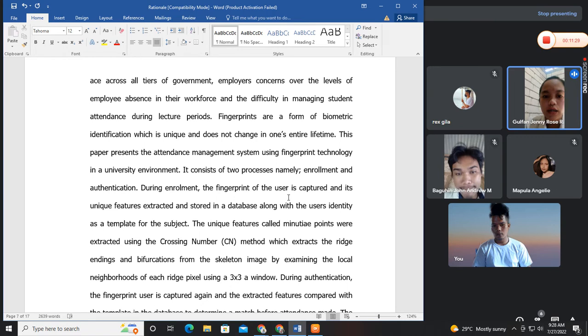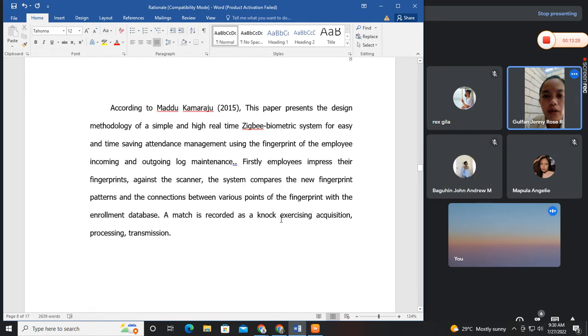According to Mado Kamarahut in 2005, this paper presents the design methodology of a high-level real-time Zigbee biometric system for time-saving attendance management using the fingerprint and employee incoming and outgoing log maintenance.